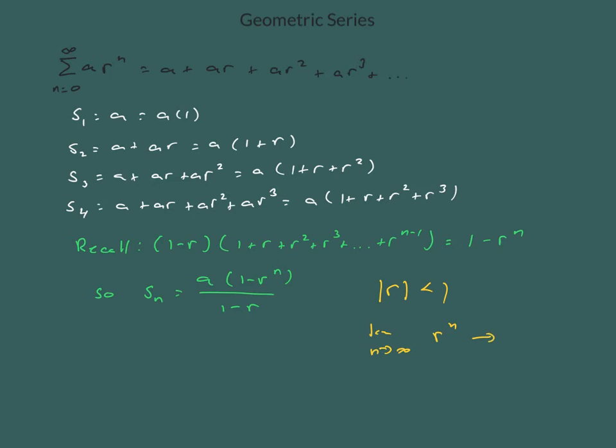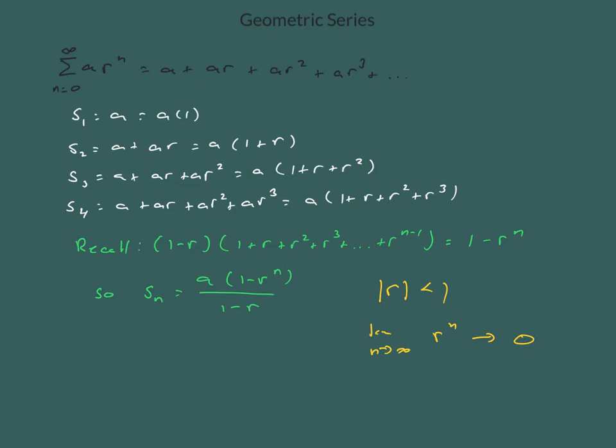When I take higher and higher powers of numbers whose absolute value is less than 1, like 1/2, those values go to 0. So as n goes to infinity, r to the n goes to 0.